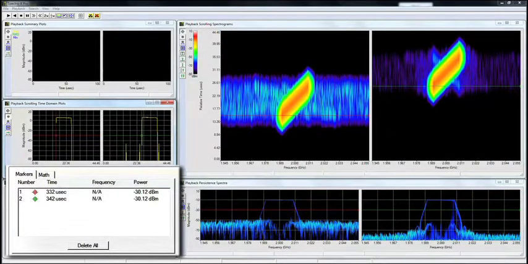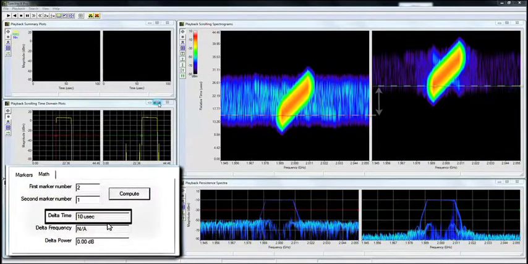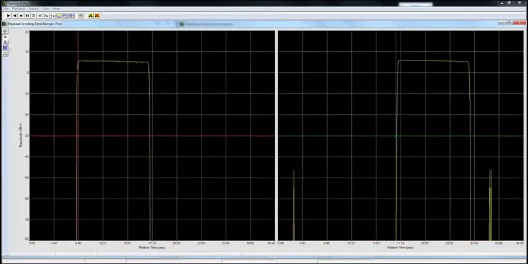And I can do that by going into the math window, telling it to measure the difference between marker 2 and marker 1, clicking on the compute button and noting that Spectro-X has given me the quantitative difference measurement of 10 microseconds between the beginning of the pulse in channel 1 and the beginning of the corresponding pulse in channel 2.